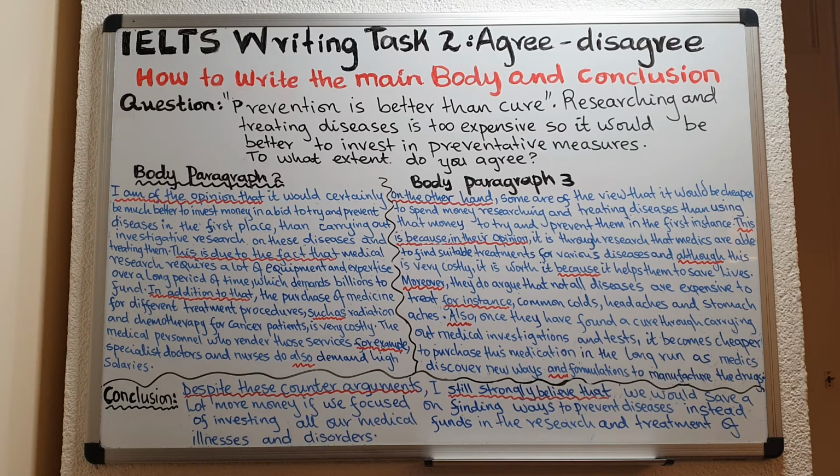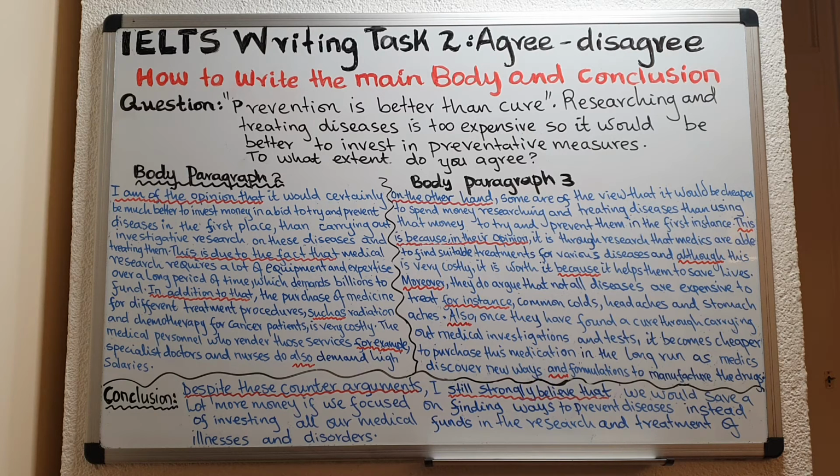So despite these counter-arguments, despite all the arguments against my opinion in body paragraph 3, I still strongly believe that we would save a lot of money if we focused on finding ways to prevent diseases instead of investing all our medical funds in the research and treatment of illnesses and disorders.